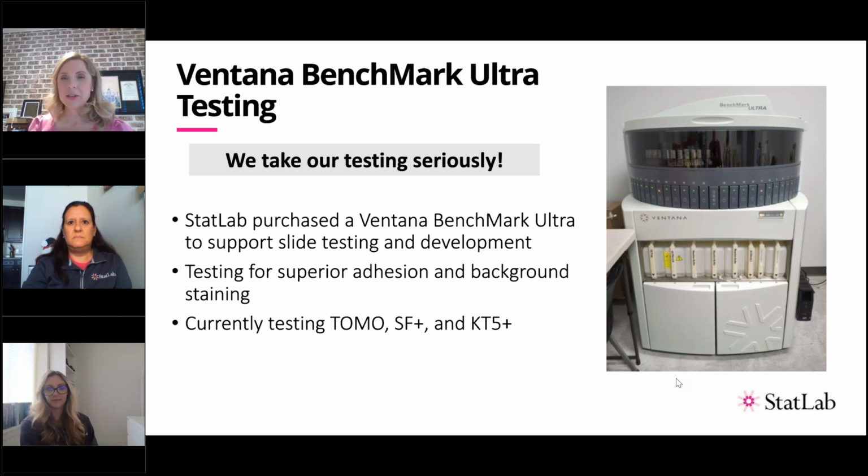We bought a new Ventana, the most popular IHC stainer out there, to confirm and see what a lot of you are seeing in your labs too. We're looking for superior adhesion and low background staining as we test, because we're manufacturing these ourselves now. Okay, next slide.